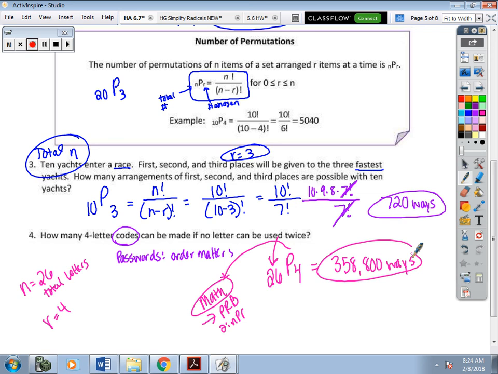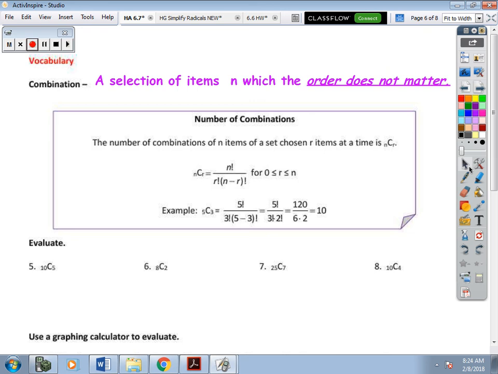All right, now in the back we have our combinations. So the combinations are really similar, except the order does not matter. So a selection of items, that should say in which the order does not matter.